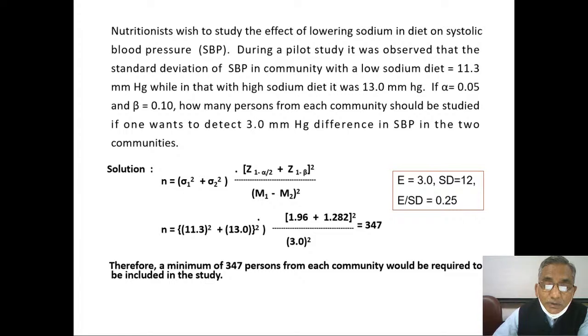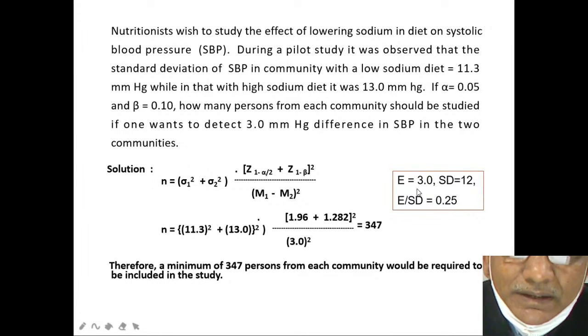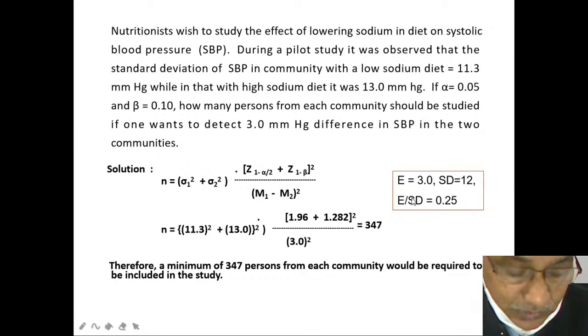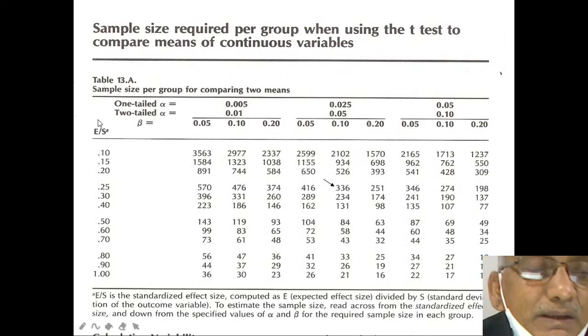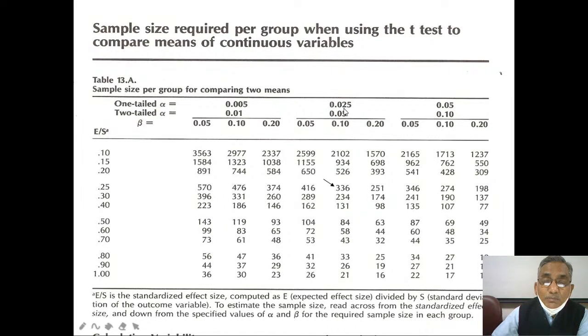Then 3 by 12, which is 0.25. So this is what is required if you want to see the table. In the table, look at 0.25, and this is the combination of alpha and beta. You get 336. Now this is the number of participants that you need to enroll in each of the two groups.